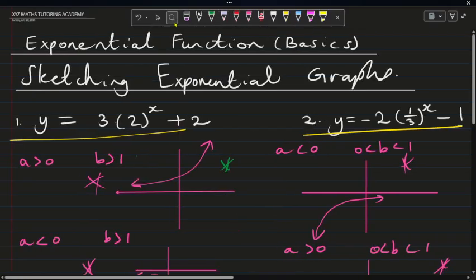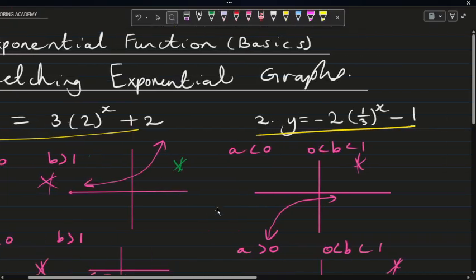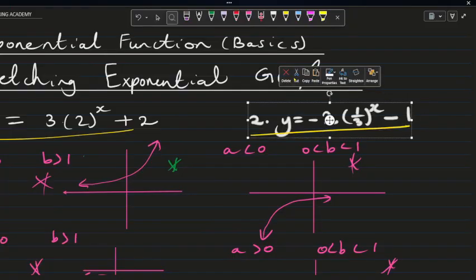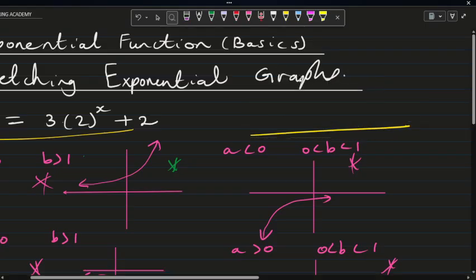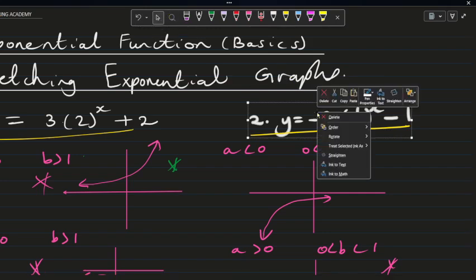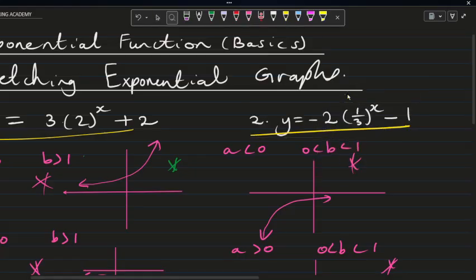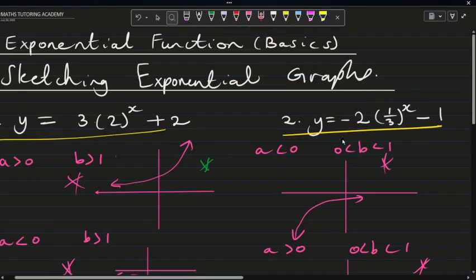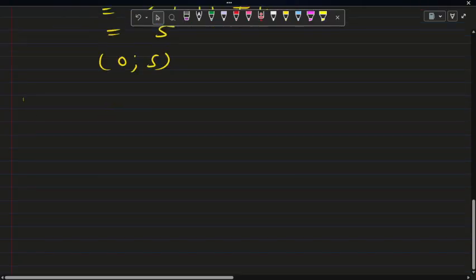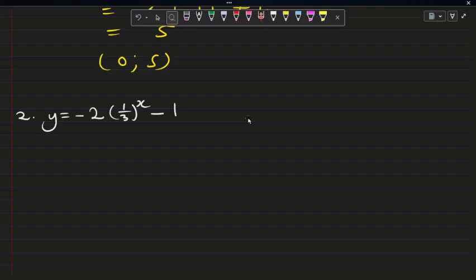And then let's now deal with the second example.